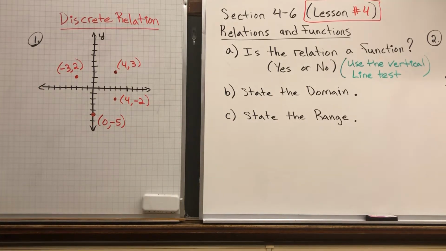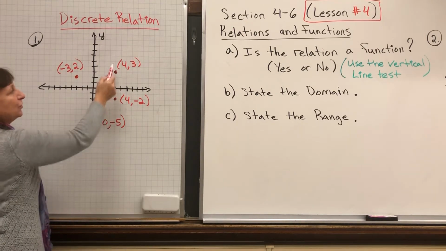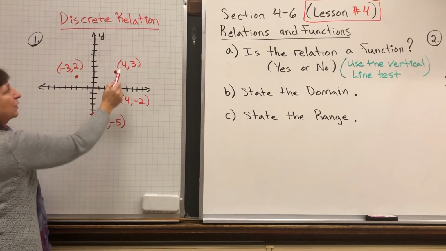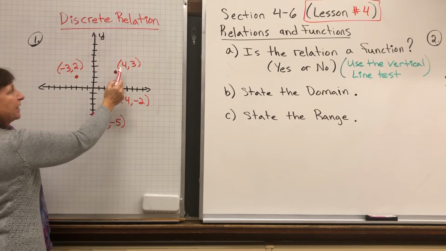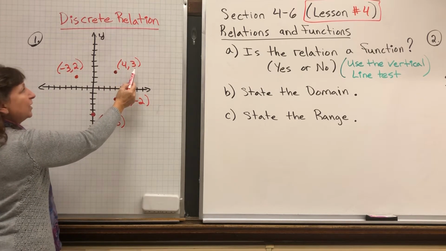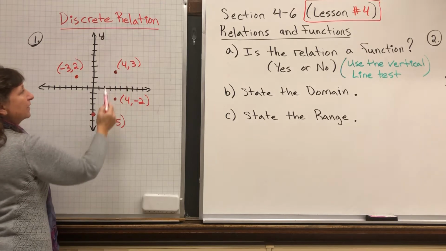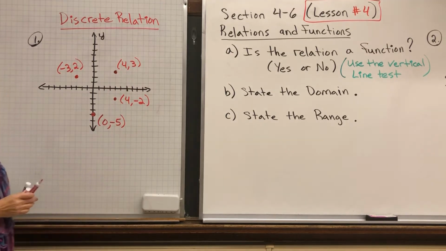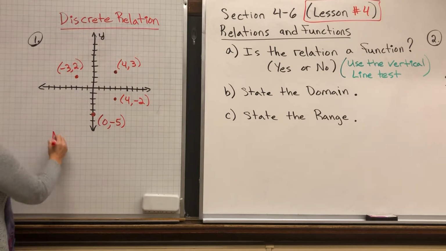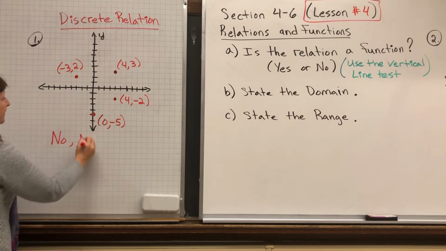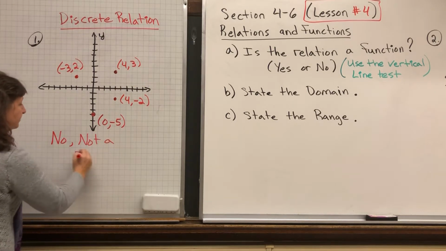So when I look at these points, it's going to jump out at me that these 2 points have the same x value, 4. So my input is paired not just with 1 unique value, but 4 is paired with 3, and it's also paired with -2. So before going any further, I'm going to be able to say, no, this is not a function.